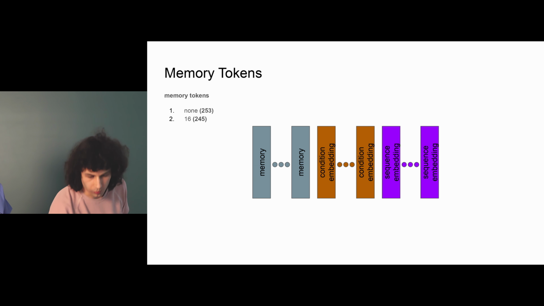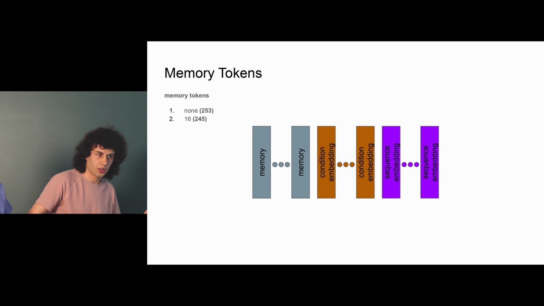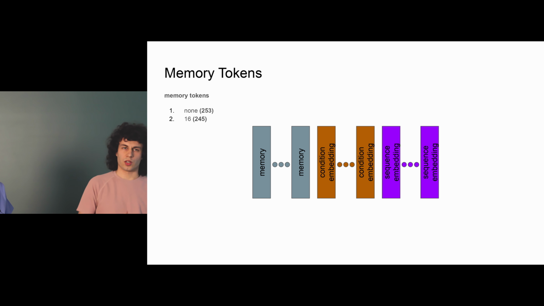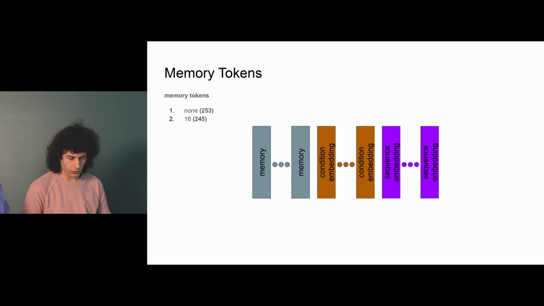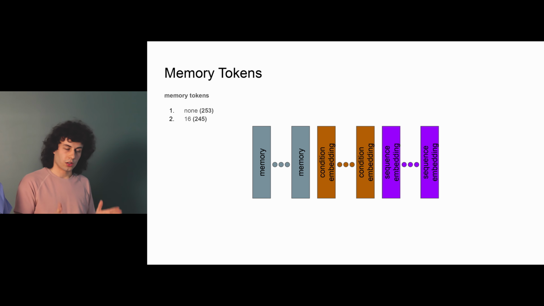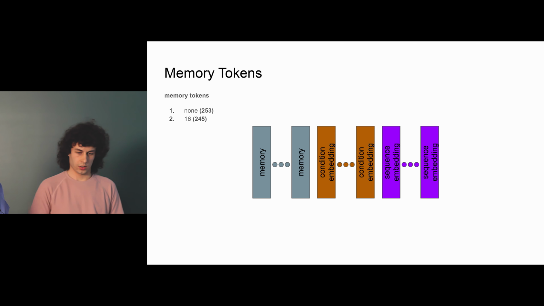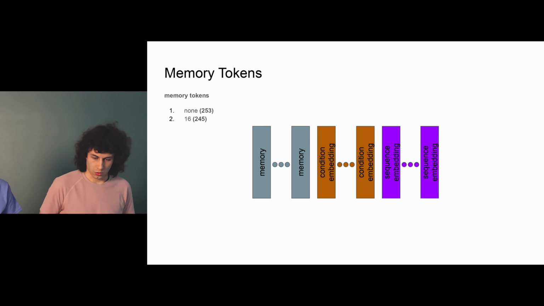Besides that, we've added so-called memory tokens or registers, as they are called in some vision papers, which are additional tokens to be used for whatever reason by the transformer model.